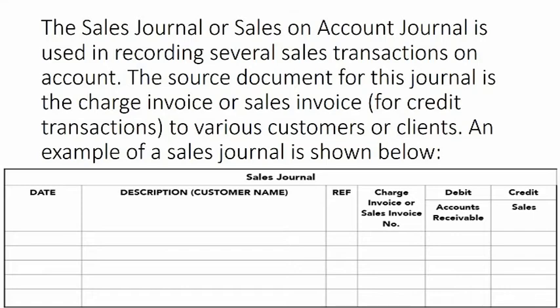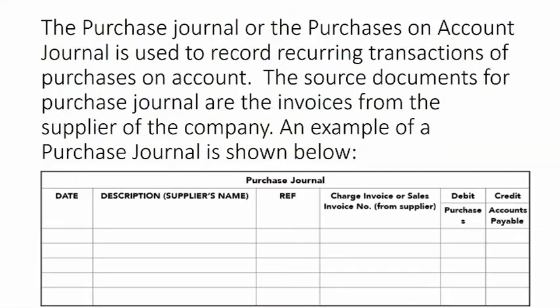We also have the sales journal or sales on account journal for the sales of the business within the day. We have here the date, the description or the customer's name, the reference number, the charge invoice or sales invoice number, a debit if it is accounts receivable, and credit if it is sales.